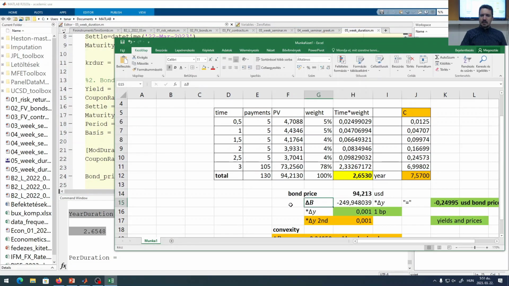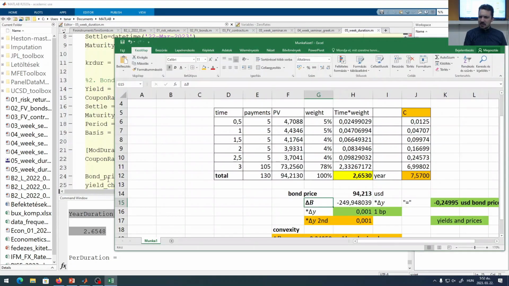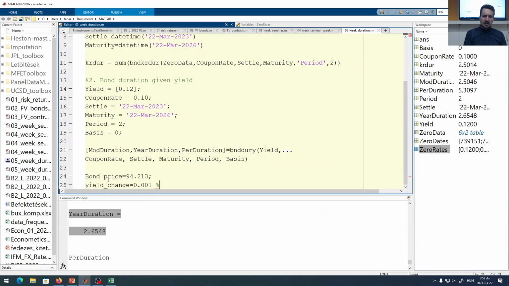Then we also need the change. The year change will be 0.001, so 1 basis point. So what was that, 10 basis points? Yeah, 1 basis point, okay, I remember well.